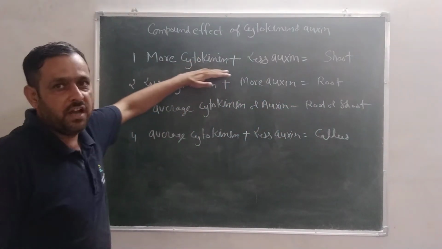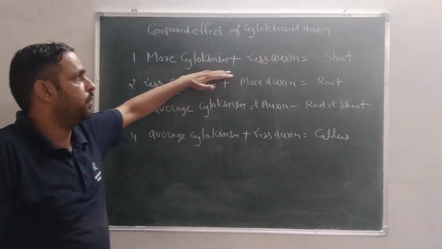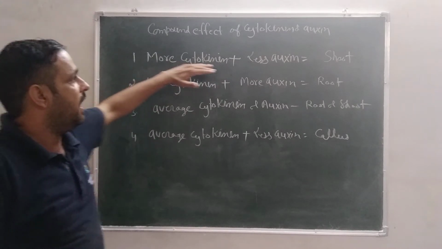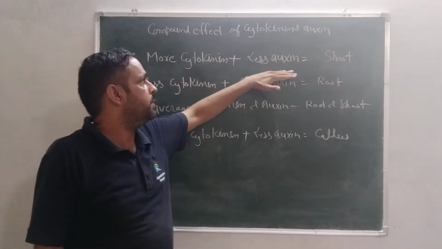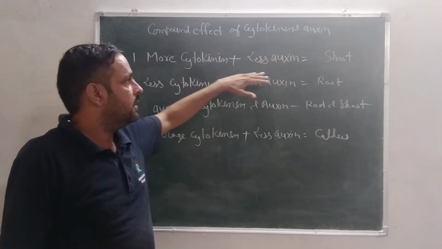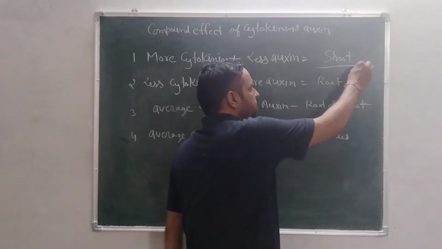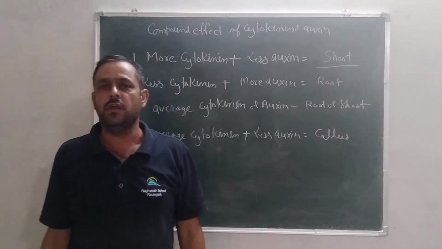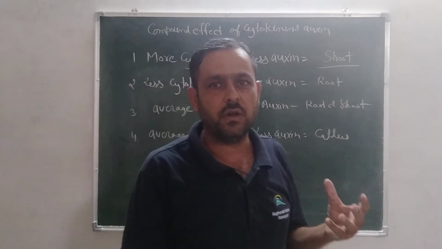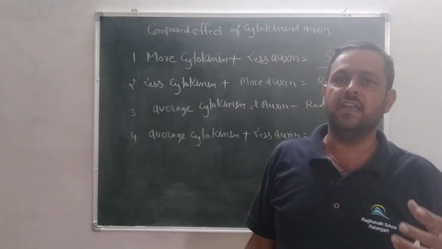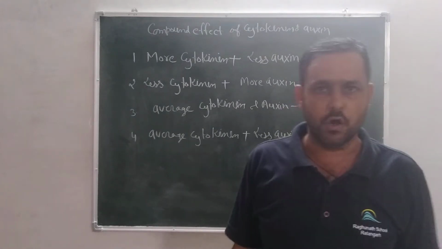First, more cytokinin, meaning the amount of cytokinin is more, and less auxin, the amount of auxin is less. Mix them. What is the effect on the plant? Development of shoot will occur. Whenever we take more cytokinin and less auxin, then only shoot is formed.